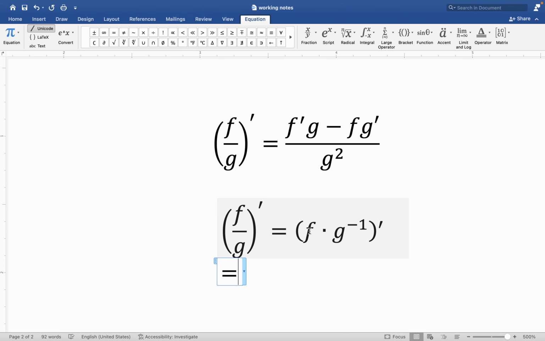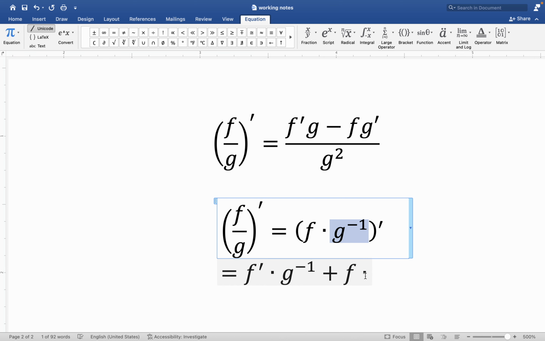The product rule says take the derivative of the first function, that's f prime, but leave the second function alone. So that's g to the negative 1 left alone. Plus, then I leave the first function alone, so that's f, and I multiply by the derivative of the second function, the derivative of g to the negative 1.